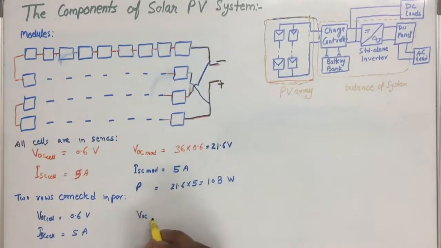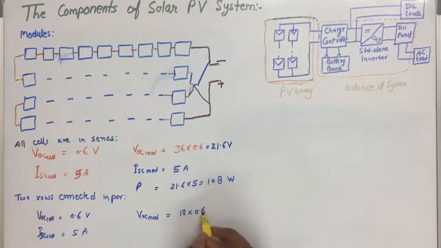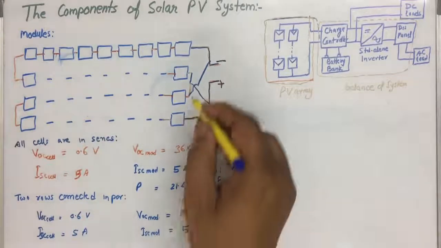The open circuit voltage for the module for this configuration will be 18 times 0.6, that will be 10.8, just half of this, because there is 36, there is 18. And the short circuit current of this module will be 5.